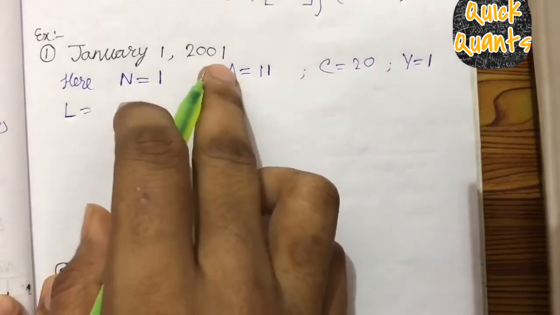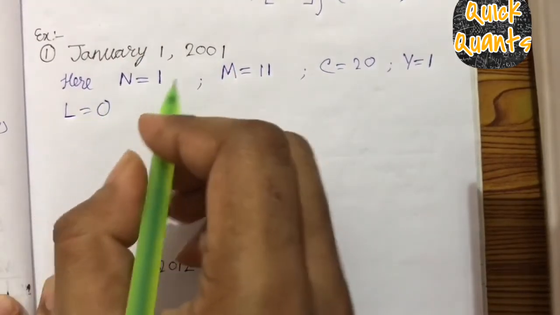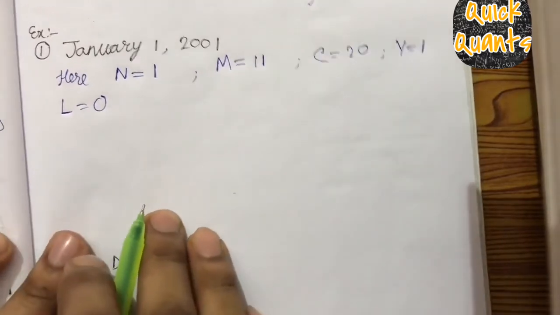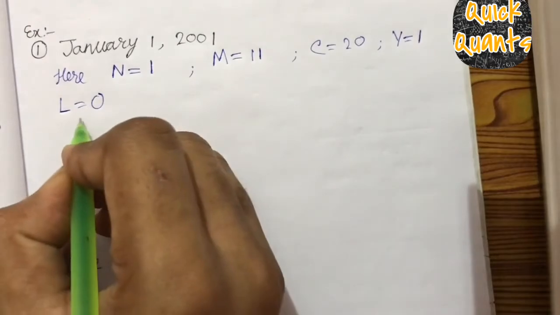Here L would be 0 as 2001 is not a leap year. Now let's see how we calculate.